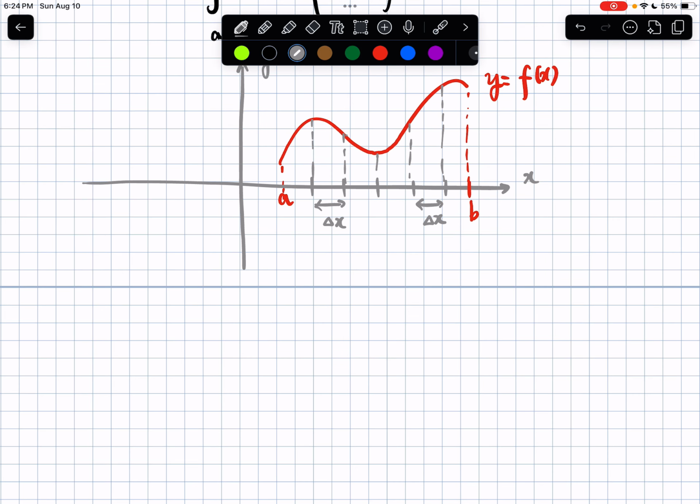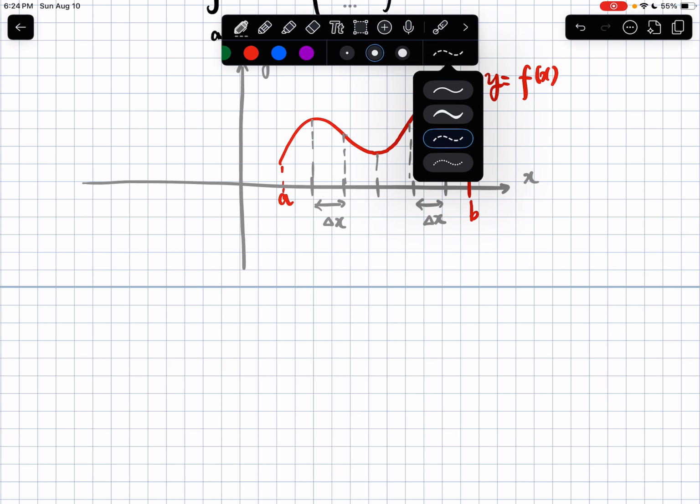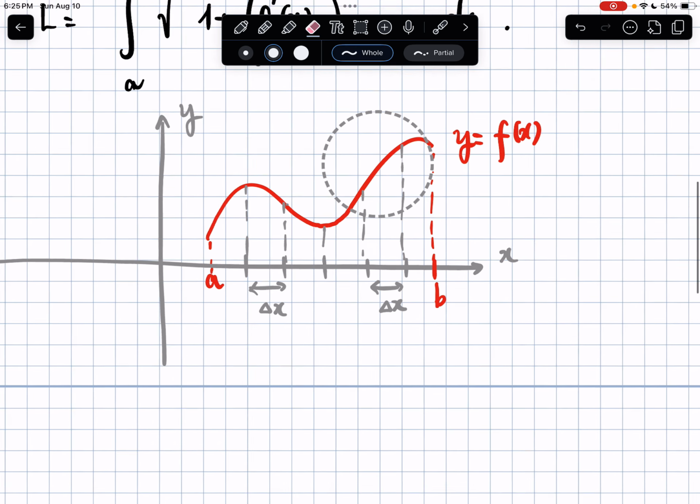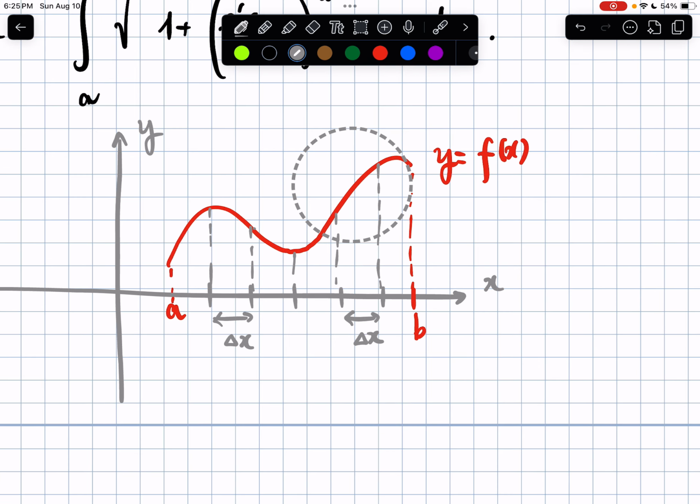So for example, let's look at this piece right here. Here would be x. Let's say this value is x, and the next one would be x plus delta x.